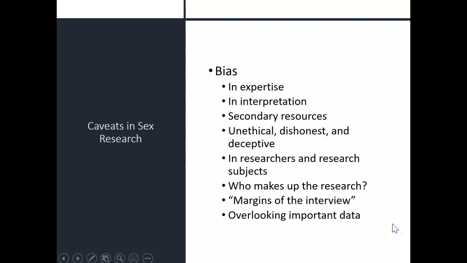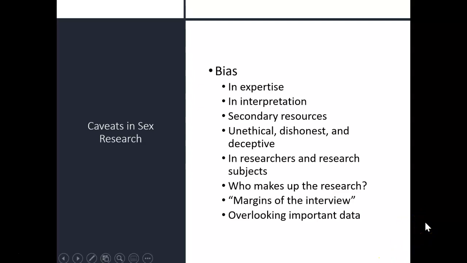We also have to think about bias in terms of who's being chosen as researchers, who gets funding, who doesn't get funding, what types of projects are approved, but also in who's chosen as participants. Like most of psychology, the majority of participants in research on human sexuality have been white and heterosexual, and that's problematic because we're missing the richness and diversity of human sexual behavior.